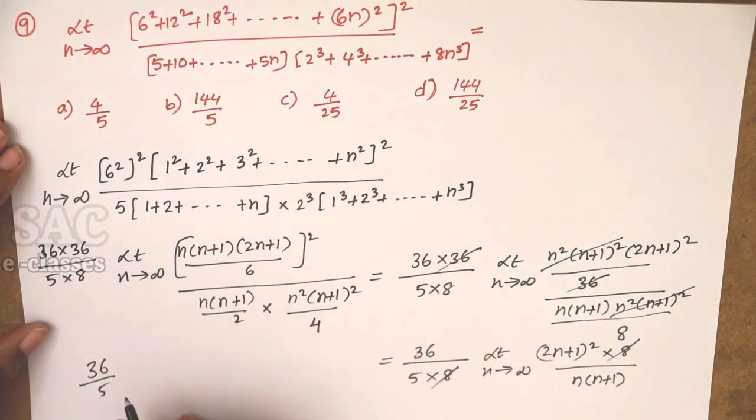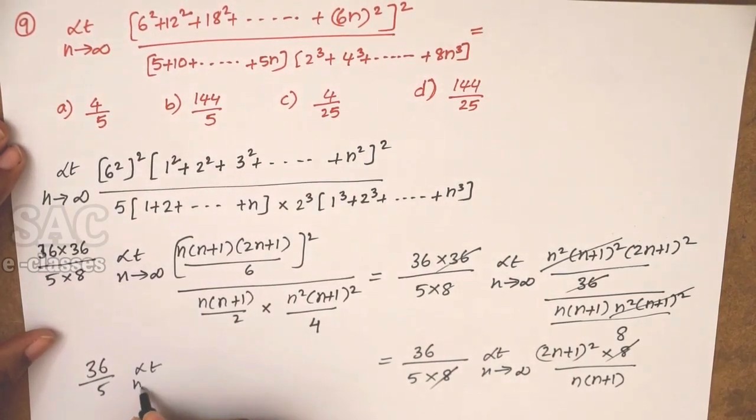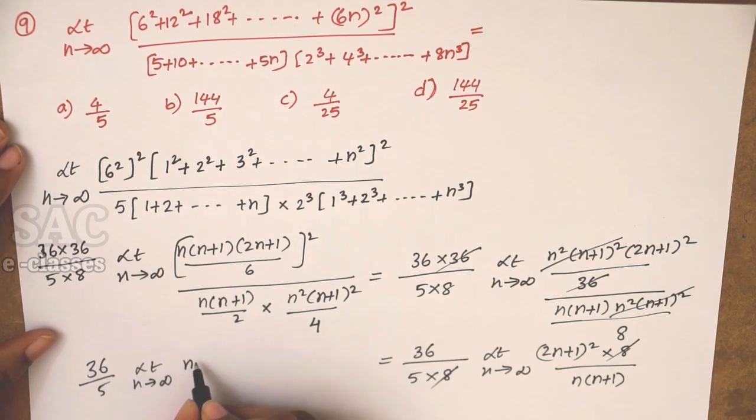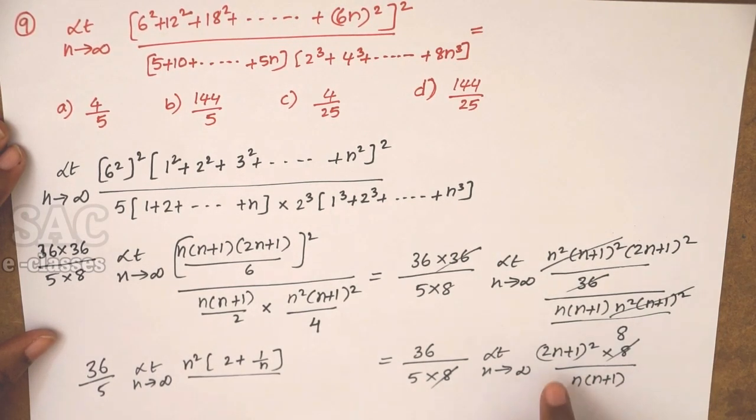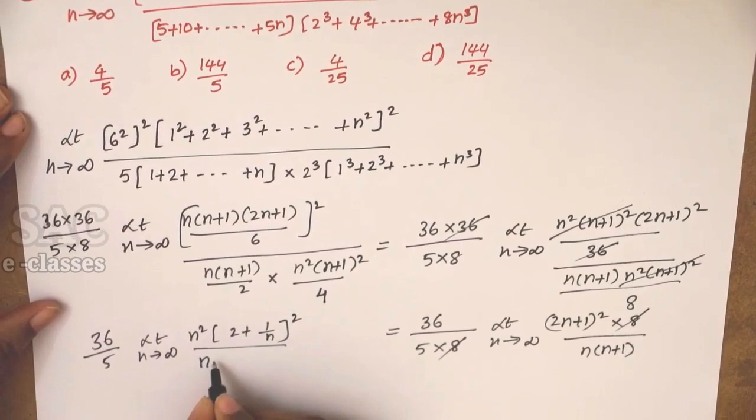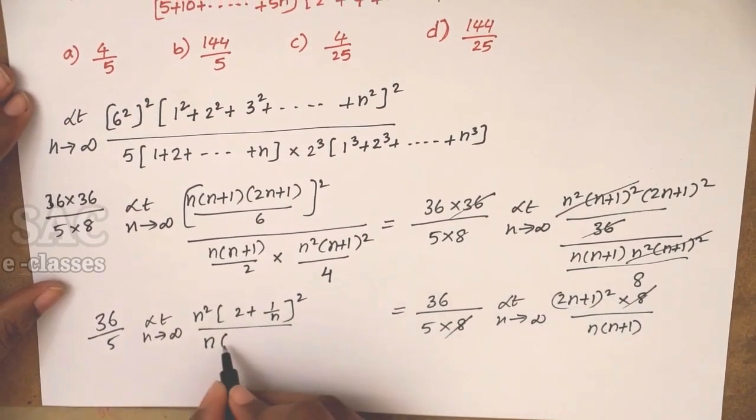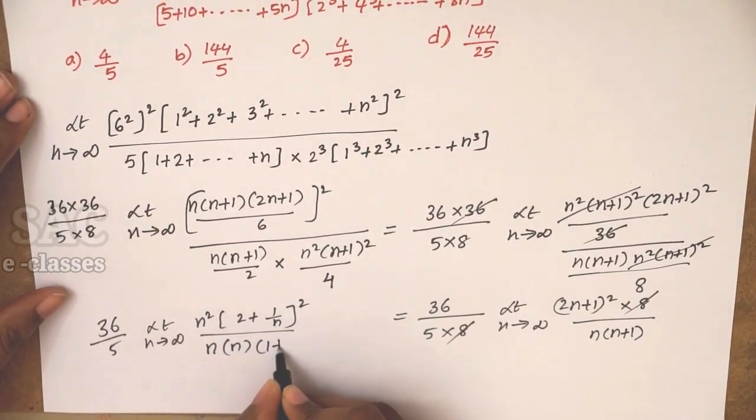or option B. So limit n tends to infinity, you can take n square common from it, so it is 2 plus 1 by n. Because I have taken n common from the 2n plus 1, after taking n, the square is already there, so it will become n square. Same thing for the n plus 1 also, let me take it as 1 plus 1 by n.